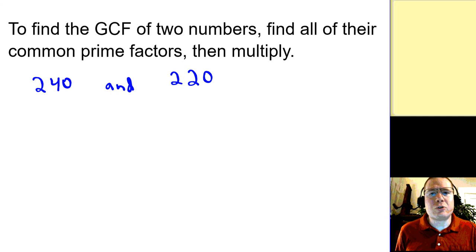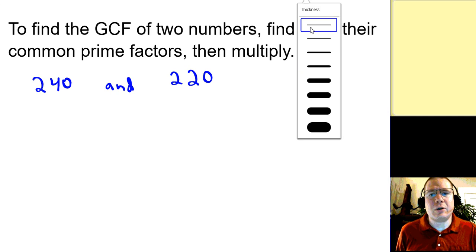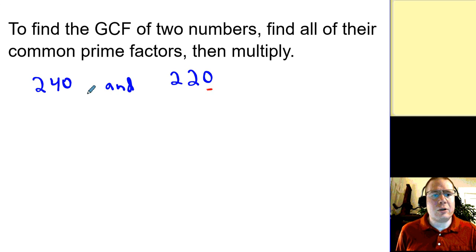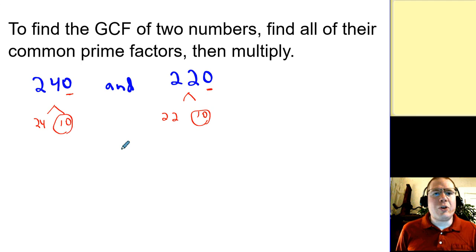But what do we notice right away? They both end with a 0. 24 times 10 gets me 240. Here, 22 times 10 gets me 220. They already have that as a common factor.